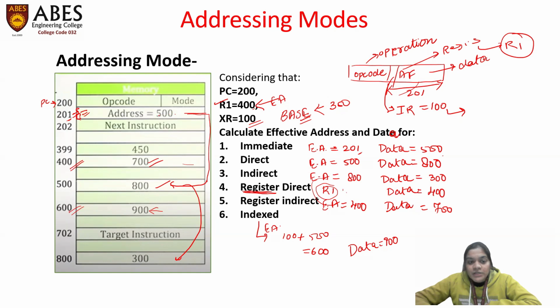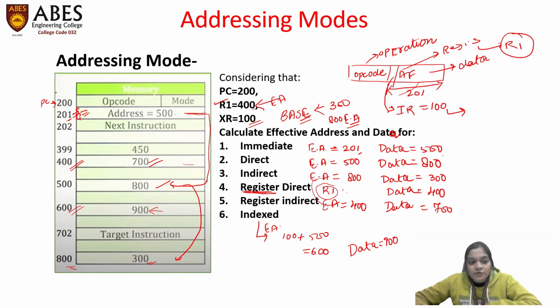Address field value is 500. So 500 plus 300 is the effective address, which is equal to 800. At this effective address, data stored is your operand. So at the location 800, data stored is 300. So that's how you will calculate if the base register addressing mode is provided to you.